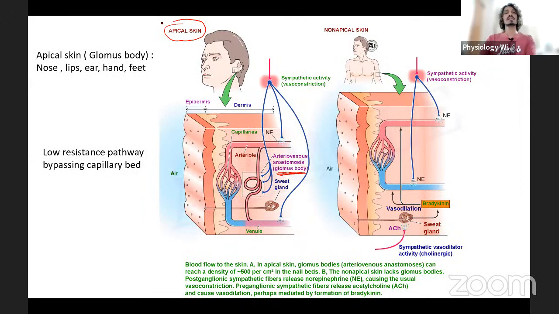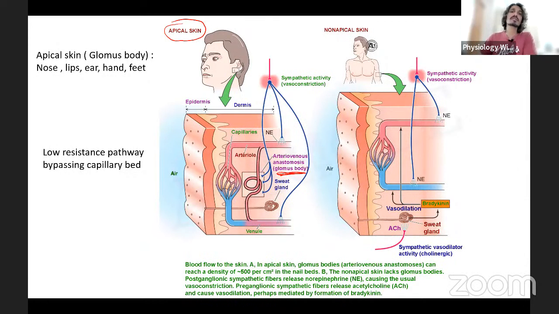This apical skin is in certain areas, for example your nose, lips, ear, hand, and feet. It's not everywhere, it's only in certain specific areas. If you notice, in a cold place, these are the parts that you will feel very cold. So these are what are mostly involved in temperature regulation, the apical parts of the skin.